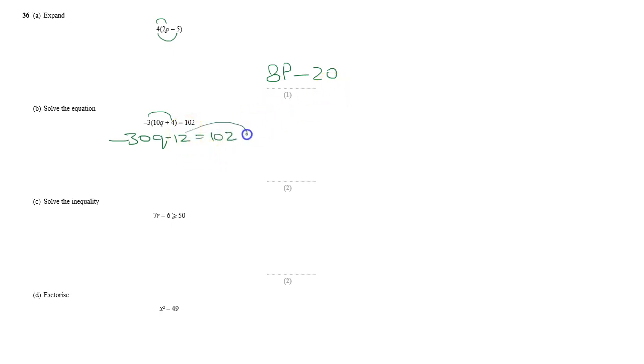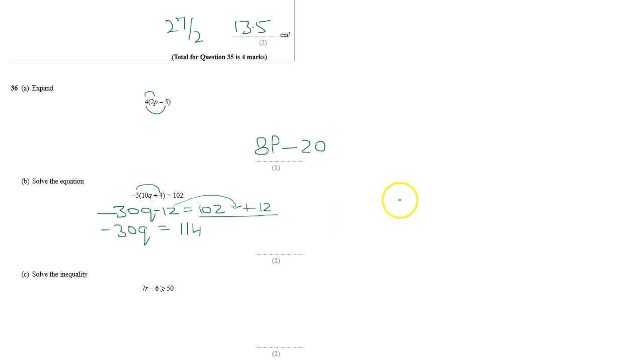Now this 12 will go there, it will become plus 12. So minus 30q is equal to 102 plus 12, which is 114. So q will be 114 over minus 30. So that is minus 3.8.